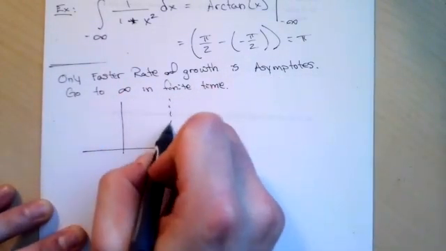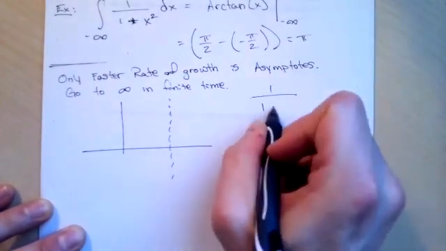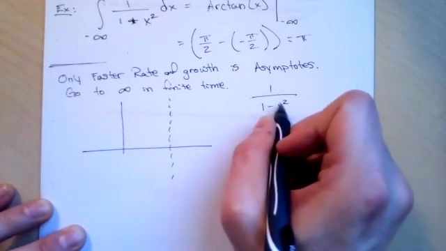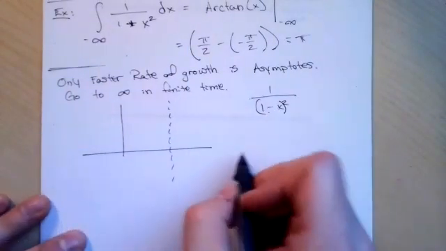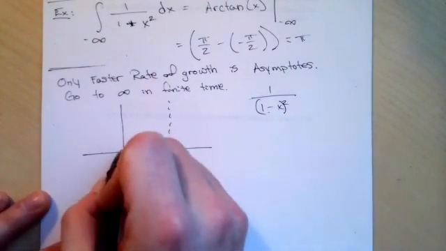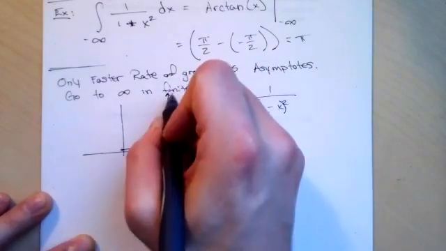Right? If we have a function, something like 1 over 1 minus x quantity squared, what's going to happen when x is equal to 1? It's going to go off to infinity, right?